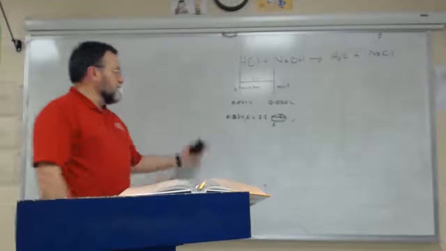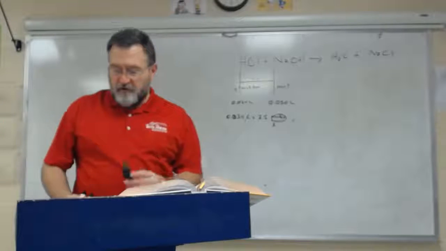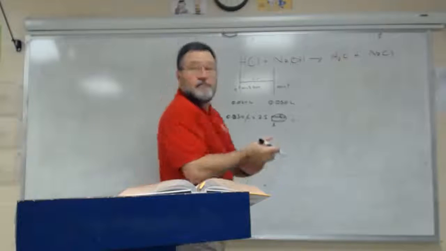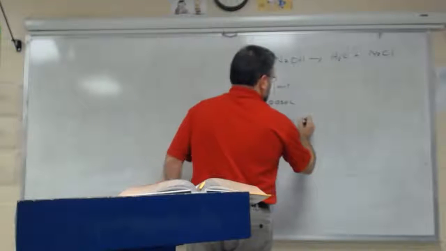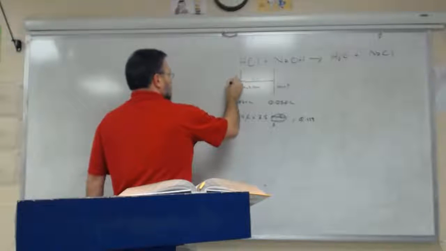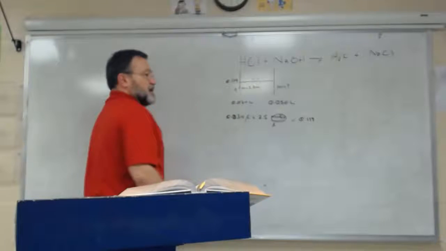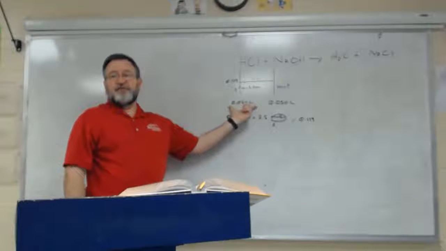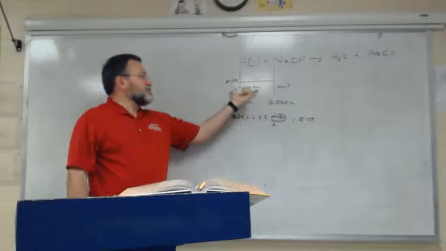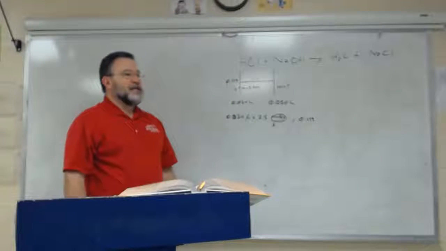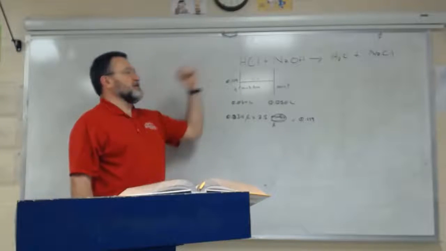So 3.5 times 0.034 is 0.119. So I have 0.119 moles of hydrochloric acid. If I take 0.034 liters at a 3.5 molarity, in that solution I will have 0.119 moles of hydrochloric acid.